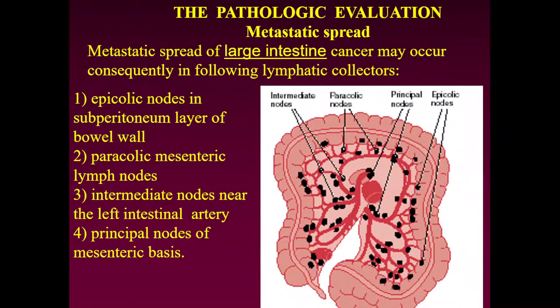Metastatic spread. Metastatic spread of large intestine cancer may occur consequently in the following lymphatic collectors. Epiploic nodes in the subperitoneal layer of the bowel wall.